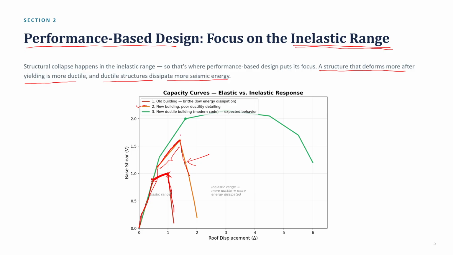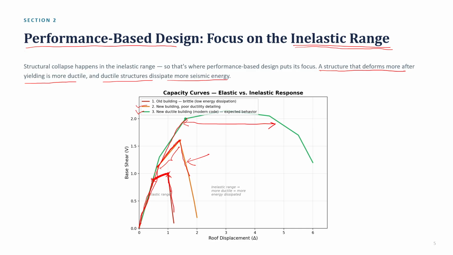Now you can focus on the green color, that is third, new building but designed with modern codes with ductile detailing. And the expected behavior, you can see it resists a much larger force, and it deforms a lot in the inelastic range. It deforms a lot after yielding, and it dissipates most of the energy, and it resists large forces overall.